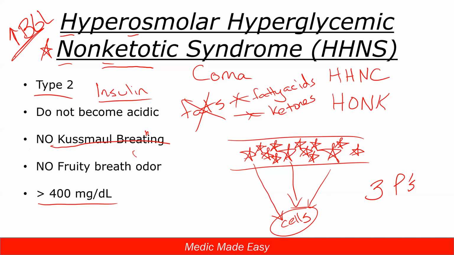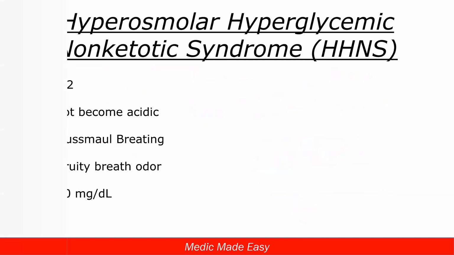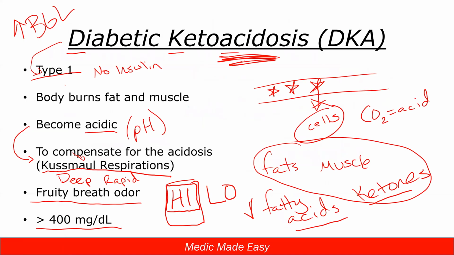Since we're breaking down fats in DKA with those type 1 diabetics, our body is burning and breaking down the fat and the muscle. You're more likely to have weight loss with that type 1 diabetic, DKA.